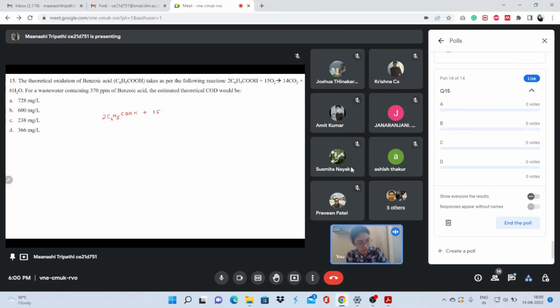Plus 15 O2. What is the molar mass of benzoic acid? Anyone, please calculate.